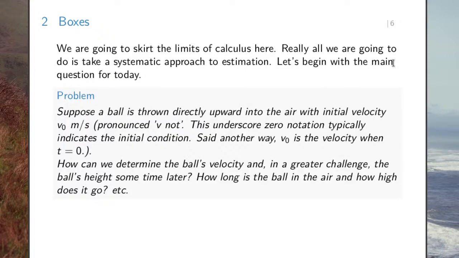Today's question is, and we probably won't get to all of it today, but we'll answer at least part of it: if we throw a ball into the air directly upward, and it's got an initial velocity v naught meters per second, it's pronounced v naught when you see v underscore 0.